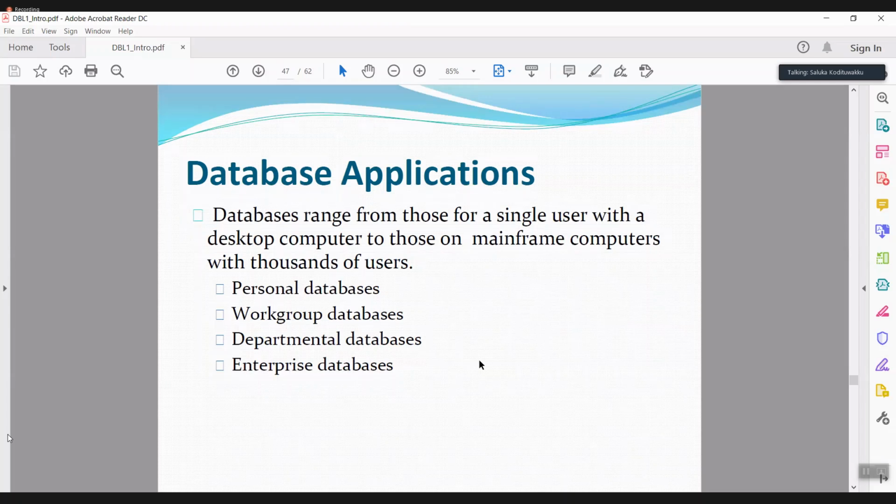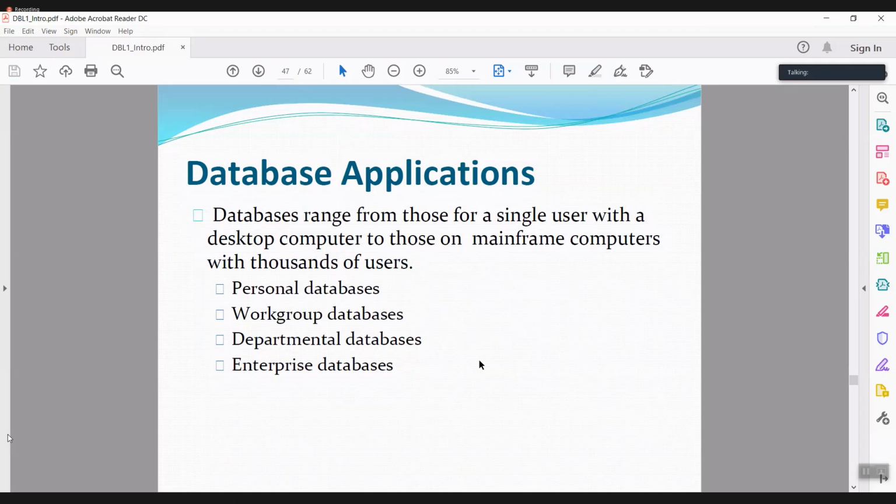In this slide, these database applications are based on the purpose or objective, but this listing is mainly based on the scope of the database. That means, you can think of it as how large the database is.